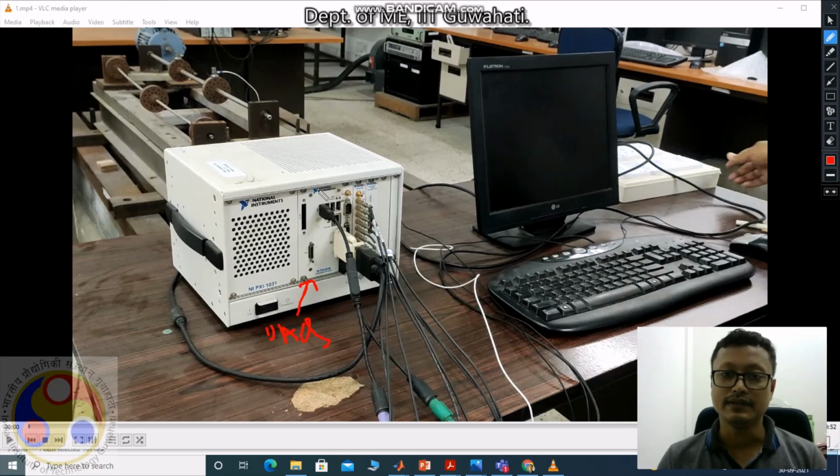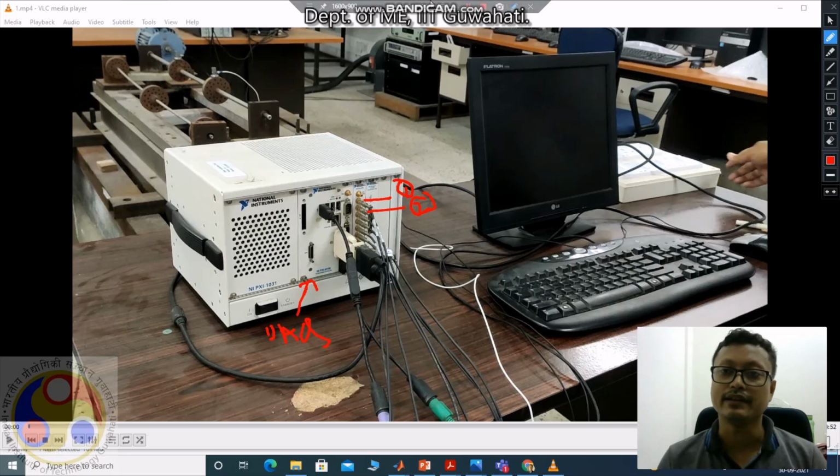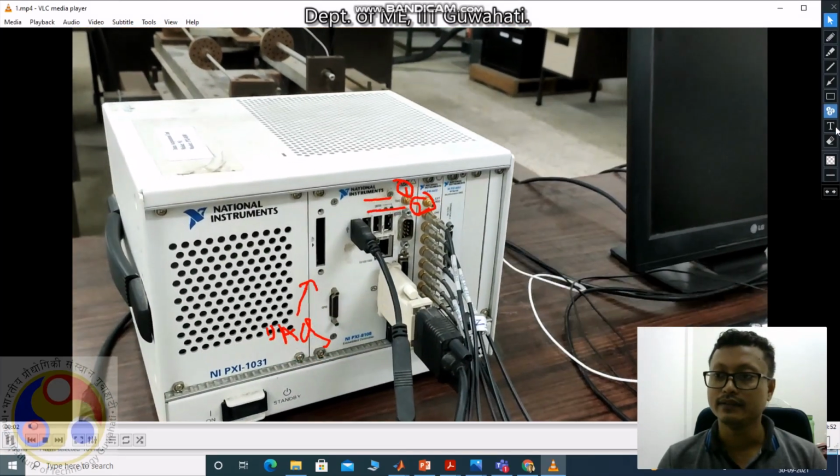This is the PC, and here these are the ports, port 1, port 2, for connecting the accelerometer. Here you can connect up to 8 accelerometers or different kinds of sensors. Okay, let's play the video again.